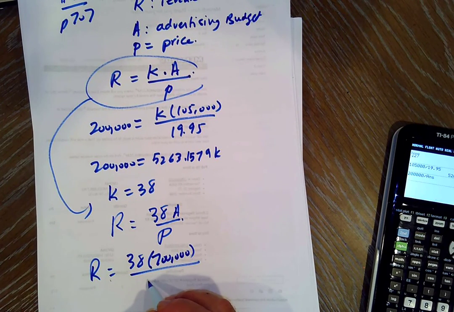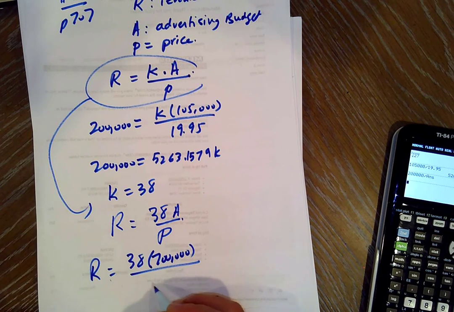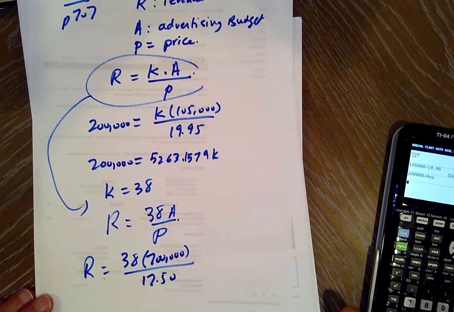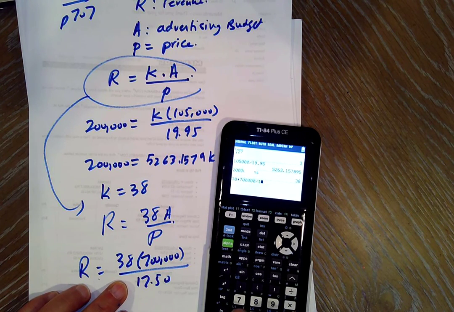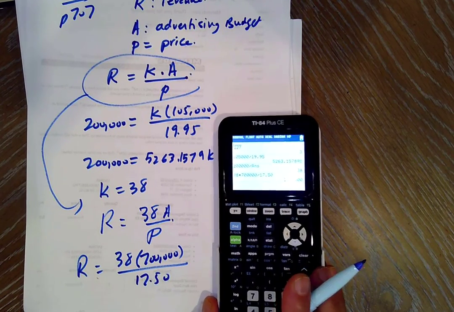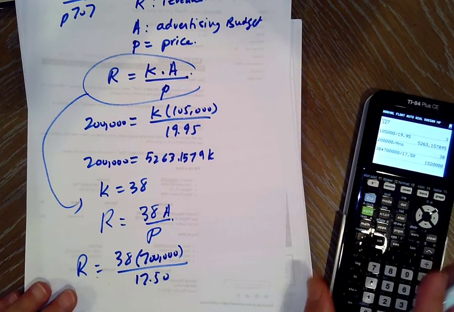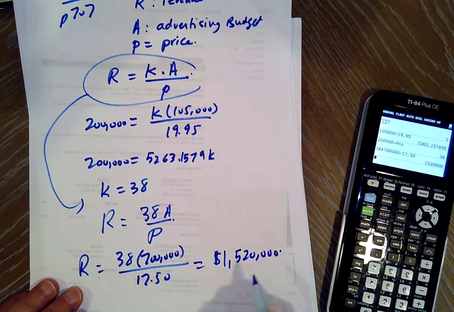Lowered the price, so he expected to sell more. 17.50, and 38 times 700,000 divided by 17.50, and that's 1,520,000. It's a lot more revenue because he lowered the price.